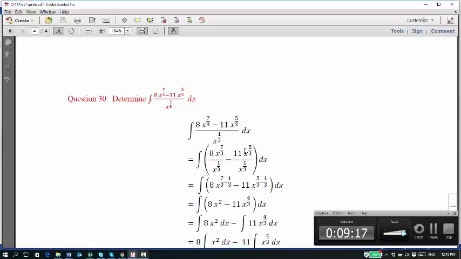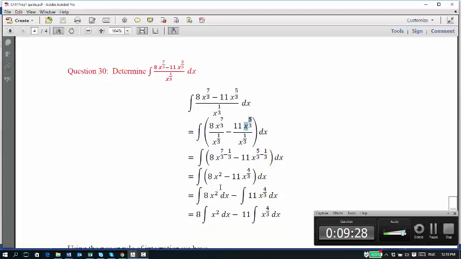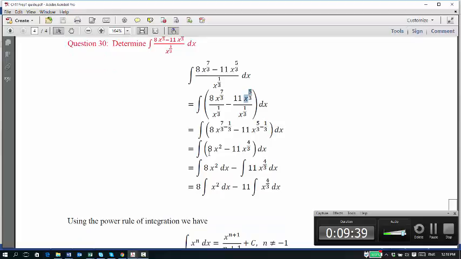And similarly in here, 11 is a constant, the coefficient, but x to the power 5 upon 3 minus 1 upon 3. So this is the sum. So when you sum the powers, you're going to get 7 minus 1 is 6, 6 upon 3 is 2. And similarly 5 minus 1 upon 3 is 4 upon 3. So this is the answer so far.